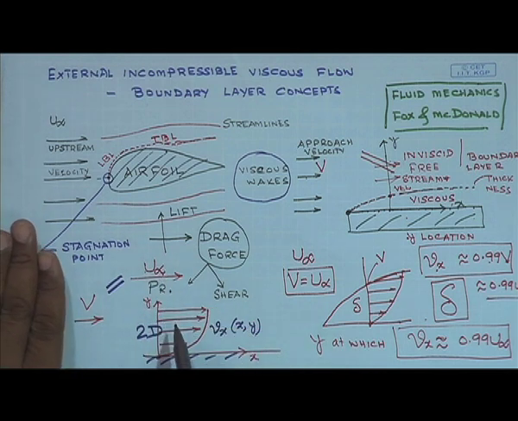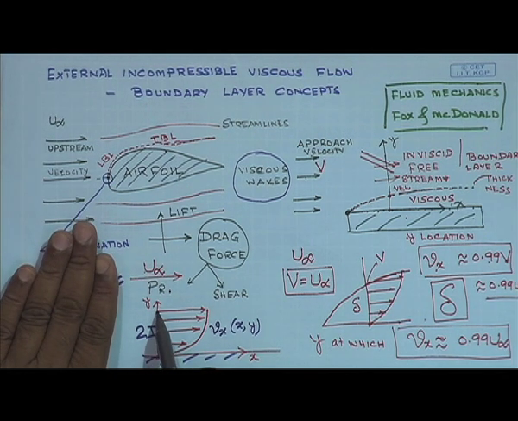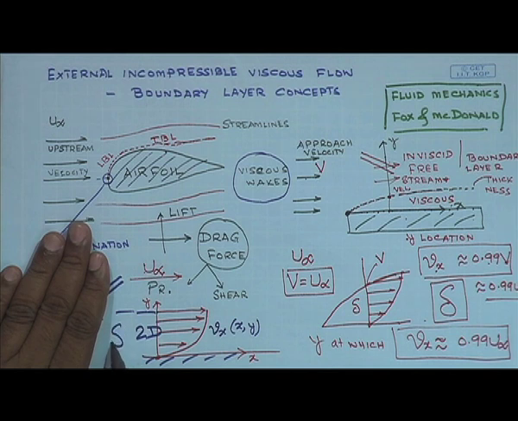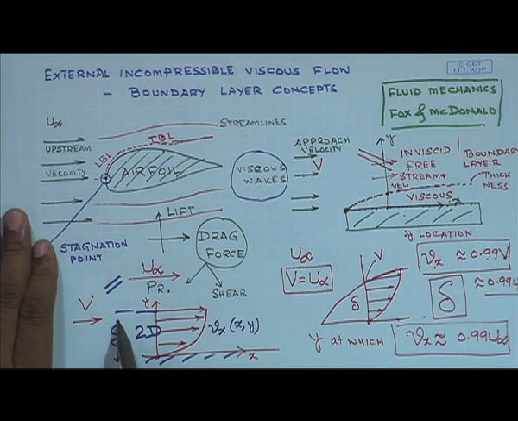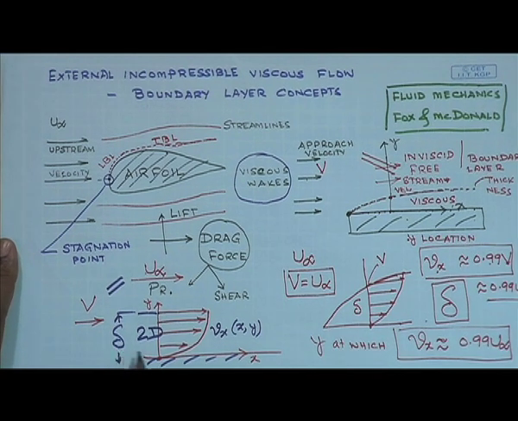But in order to keep our discussion general, we will refer to the point at which the velocity inside the boundary layer becomes equal to the free stream velocity as the thickness of the boundary layer, generally denoted by delta. So, delta is the distance over which the velocity changes from 0, relative velocity 0 on the solid plate, or the velocity of the solid plate, to the velocity of the free stream. This is what delta is.